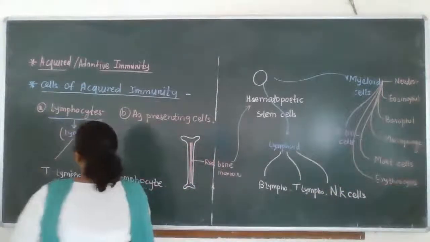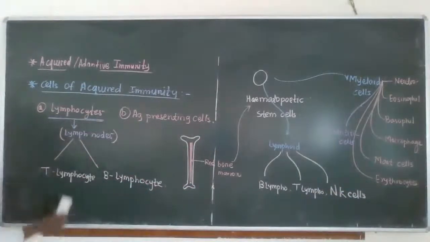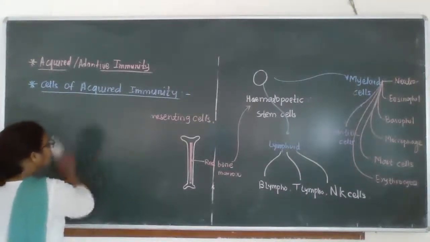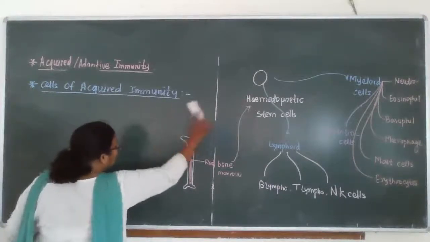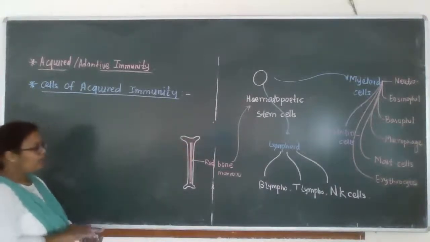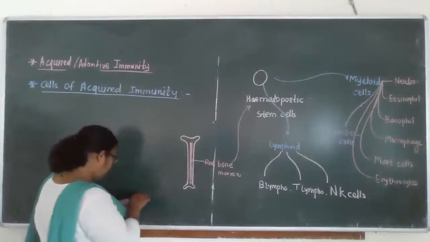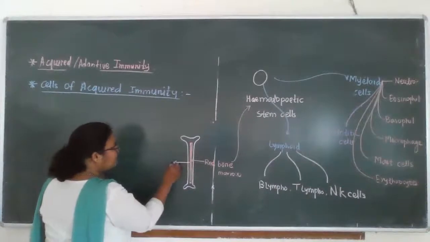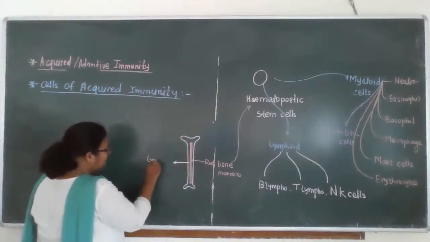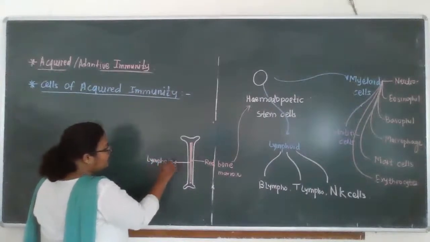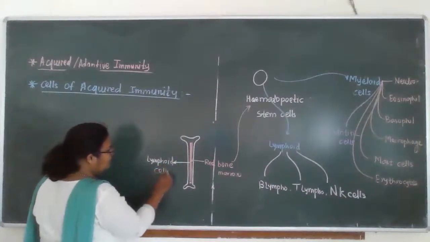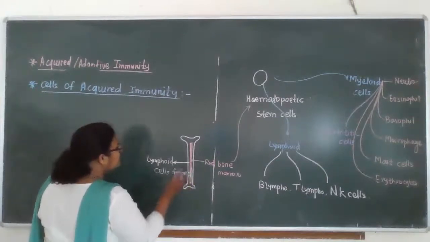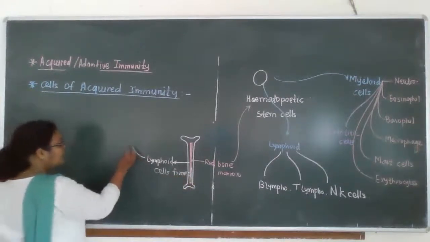Now we are turning towards the lymphocytes, especially what we call the T lymphocyte and the B lymphocyte. As you know, from the red bone marrow the lymphoid cells get formed. After that, these cells are divided into two.